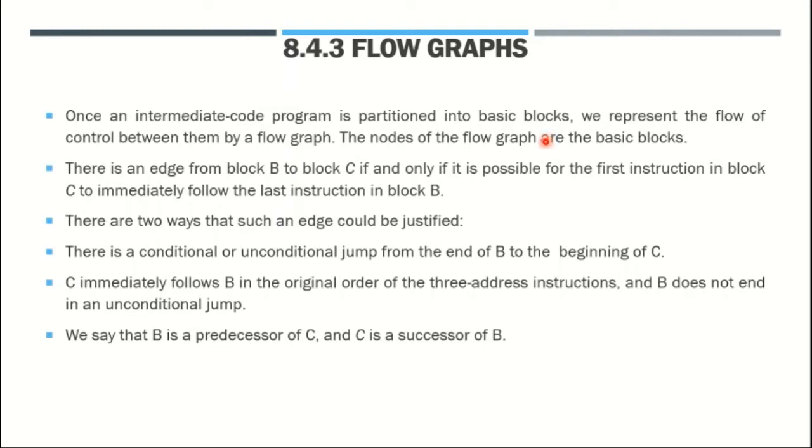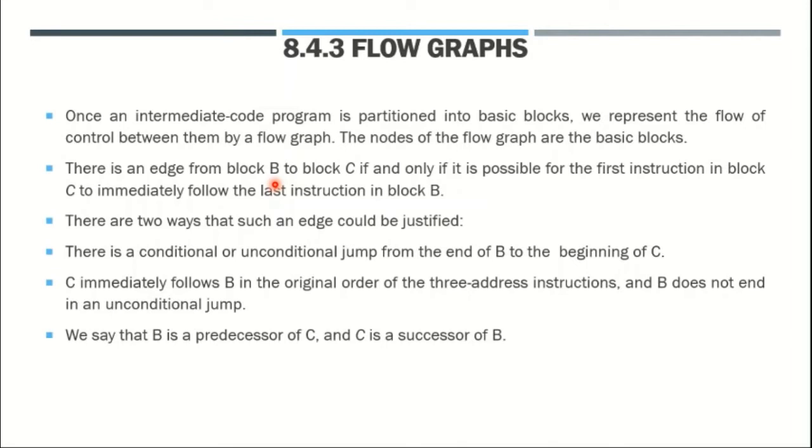And an edge from one block to another block, for example from block B to block C, is possible if and only if the first instruction in block C follows the last instruction in block B. For example, just assume there are 6 lines of three address code, with the first 3 lines as block B and the next 3 lines as block C.